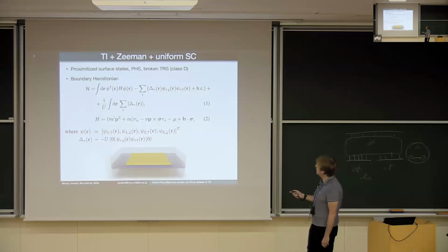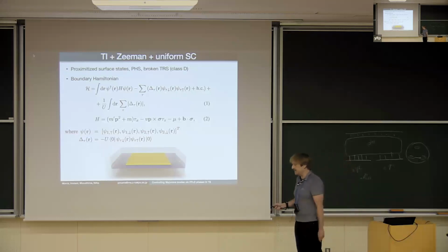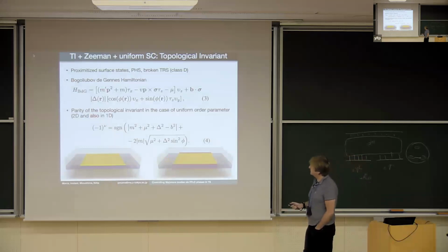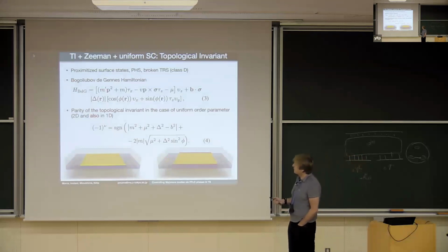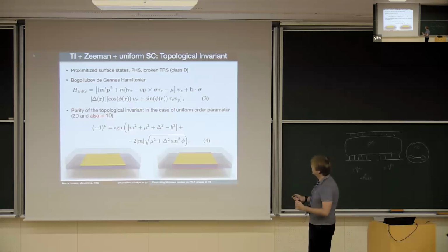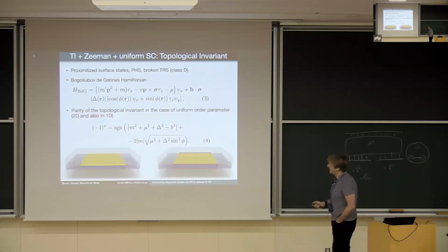You have some ordinary singlet superconducting pairing, but you allow the superconducting pairing to depend on the spatial coordinate, and you can calculate this self-consistently in the usual BCS Bogoliubov-de Gennes formalism. So you can write this Hamiltonian in the Bogoliubov-de Gennes form, where you introduce these additional Pauli matrices, nu here, and you can calculate the topological invariant of this system.